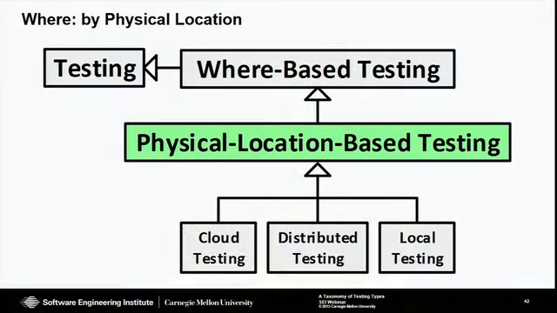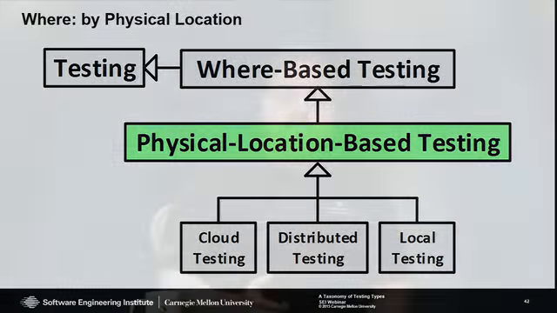You also can take a look in terms of the physical location of where the testing is taking place. You can have all the testing in one physical location. It might be in your building where the entire program is all being done in the same building. You can have different parts of the system being developed in different cities, in different organizations, so you can have distributed testing.